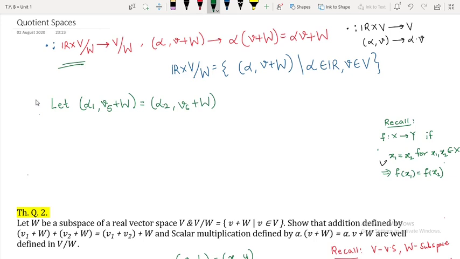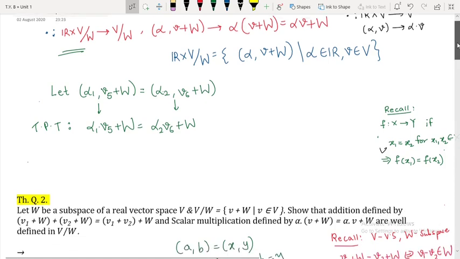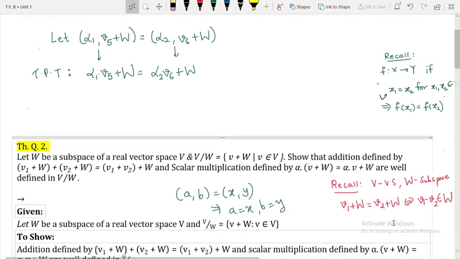I will start with this and try to prove that the images are equal. The image of this will be alpha 1 multiplied by V5 plus W. Now I will simply call it alpha 1 V5 plus W, which is equal to alpha 2 V6 plus W. The logic is the same.